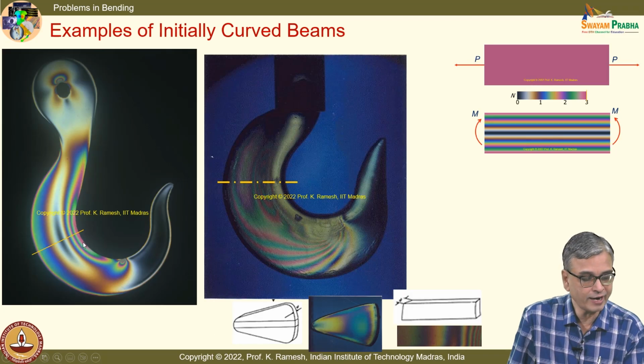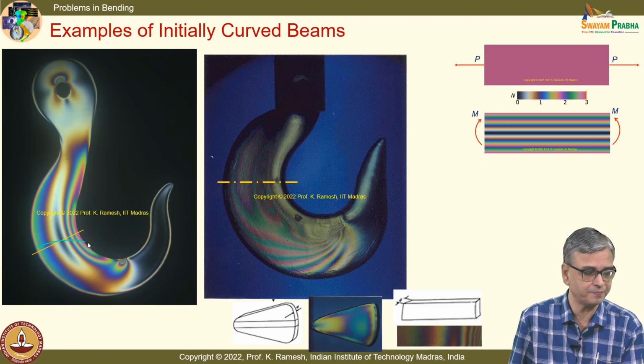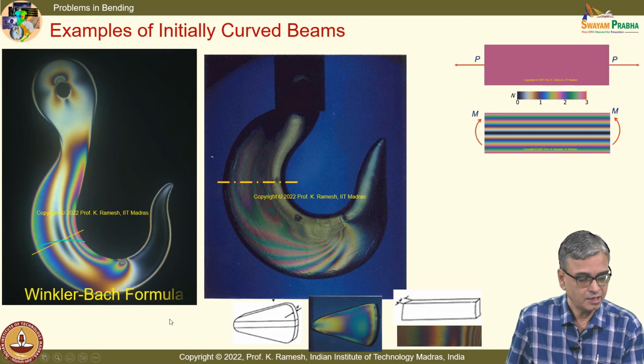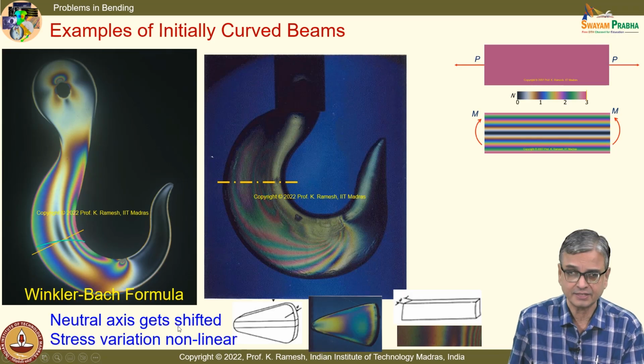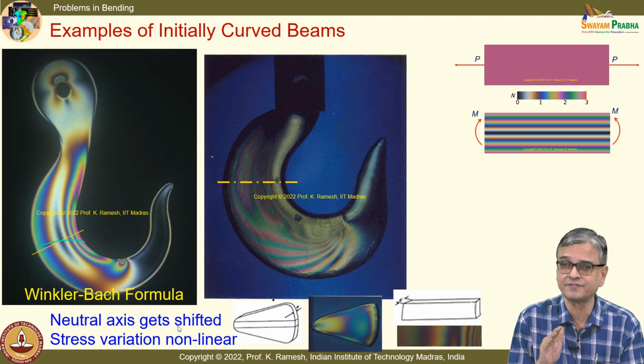And if you look at what happens on this cross section, and if you plot the actual stress variation, this is non-linear. So, the moment you go from a straight beam to initially curved beam, there are 2 things happen. One is neutral axis gets shifted. See, in the case of a straight beam, only if I have multiple materials, the neutral axis gets shifted.